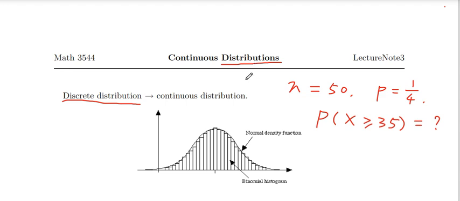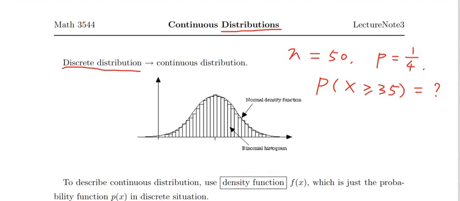Okay, so how to solve such a problem? We say we use the binomial distribution close to a normal distribution. Suppose it's 35, and we want to find this probability, right?